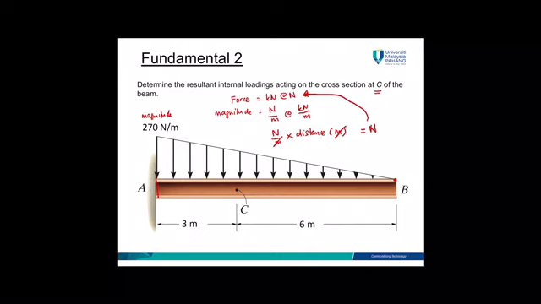So refer back to the first procedure. You need to draw the free body diagram. We draw the free body diagrams for linear distributed load. The maximum magnitude is 270 Newton.